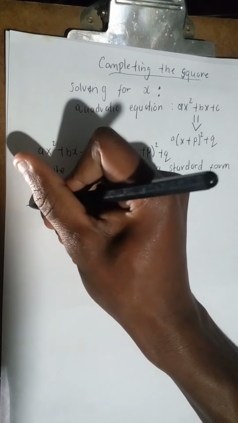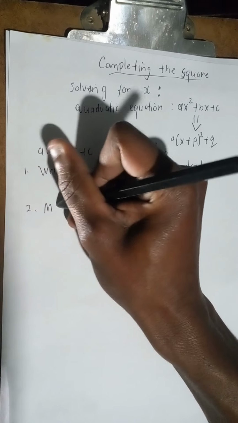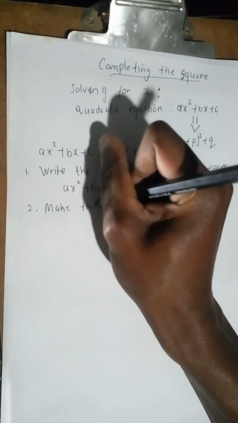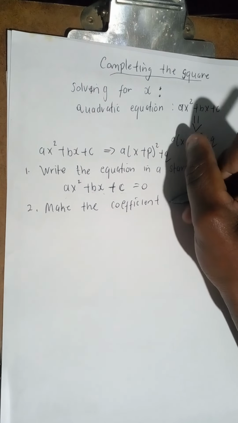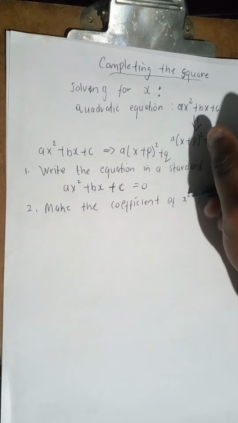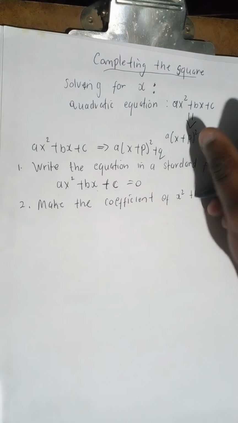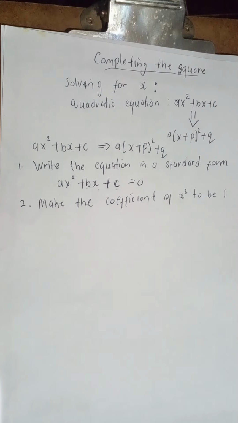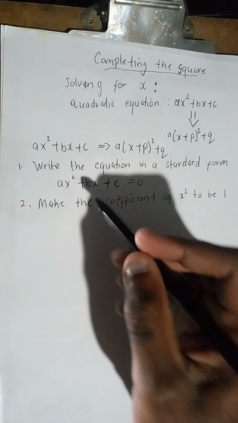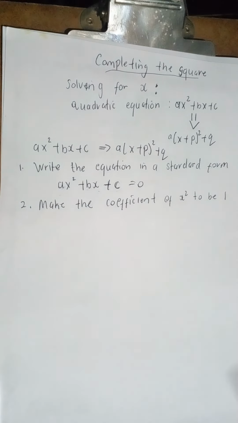Then the second step is that you must make the coefficient of x squared to be 1. The coefficient of x squared, which is a, you must make it 1.